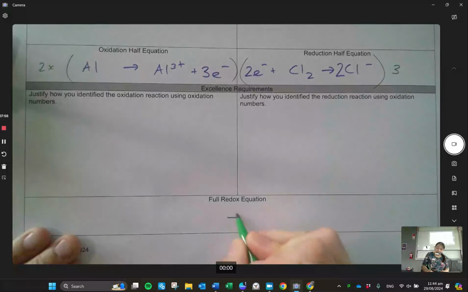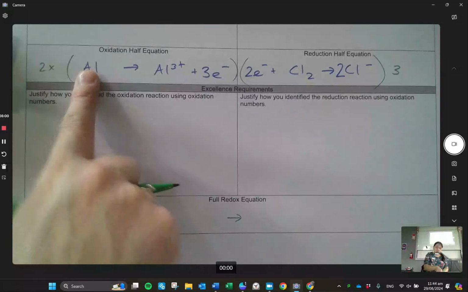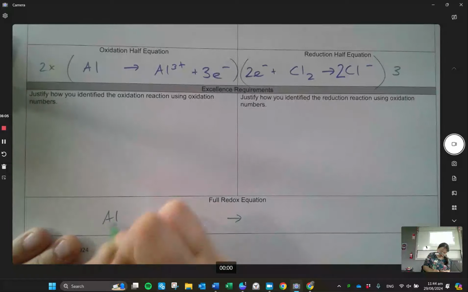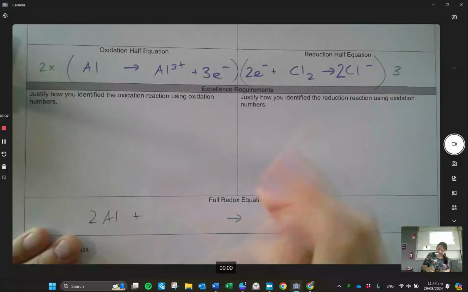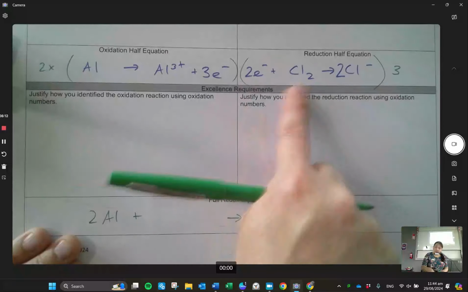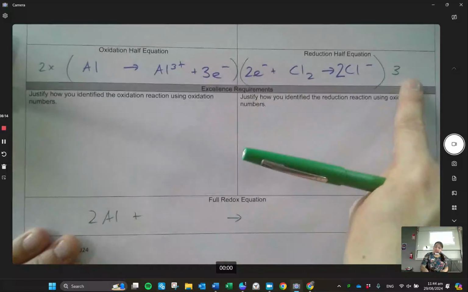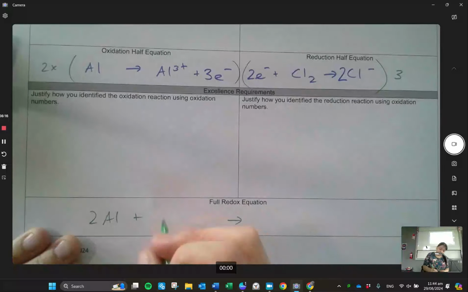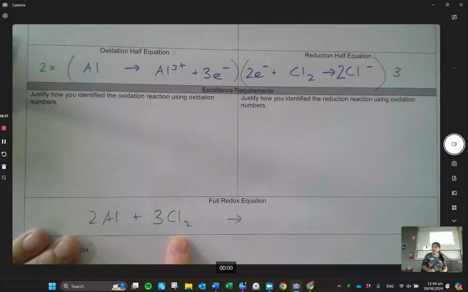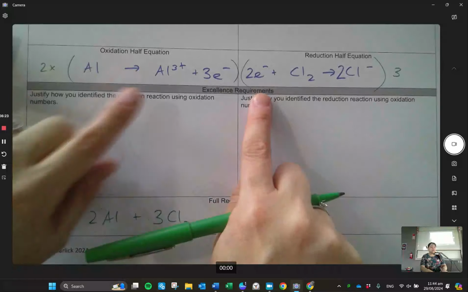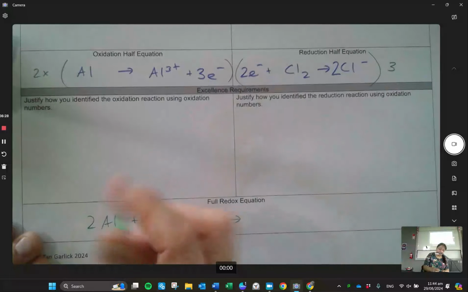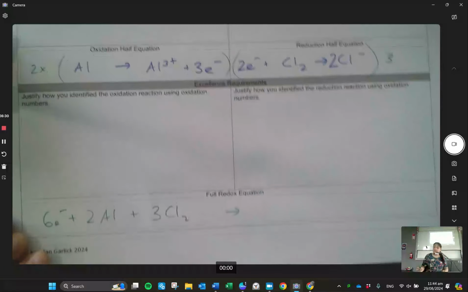When I write the full equation, I have 2 times 1, so that's Al2, plus my chlorine. I've done everything on this side. Now I'm going to this side and checking everything on the reactant side. I have 3 times 2, so that's 6 altogether. I don't need to write the electrons down because I will cancel them, but I'll show them in case. So that's 3 times 2, that's 6 electrons over here.